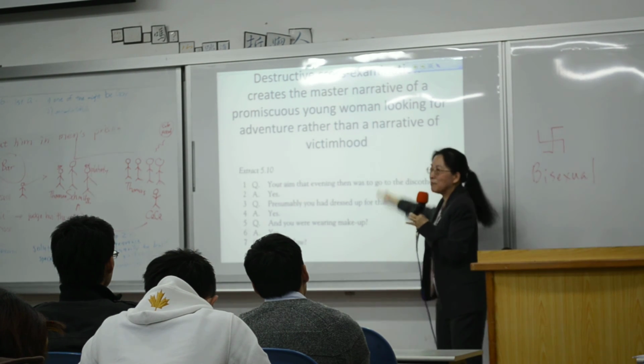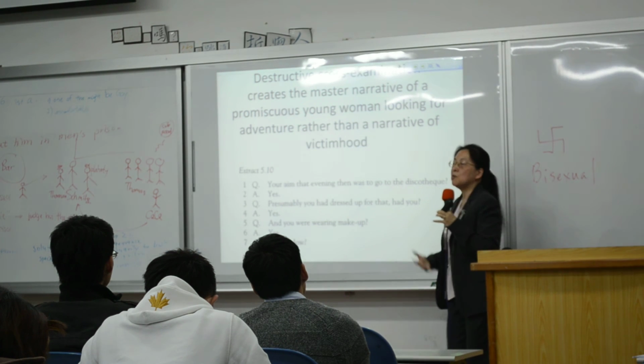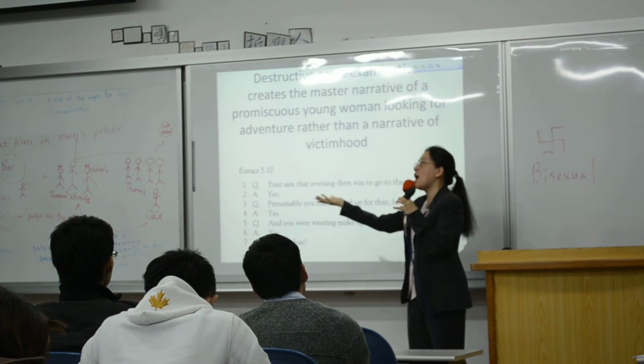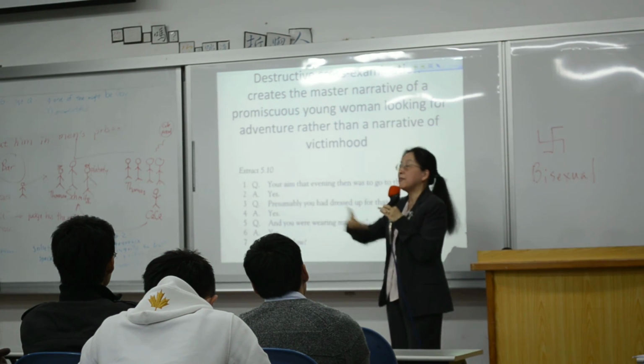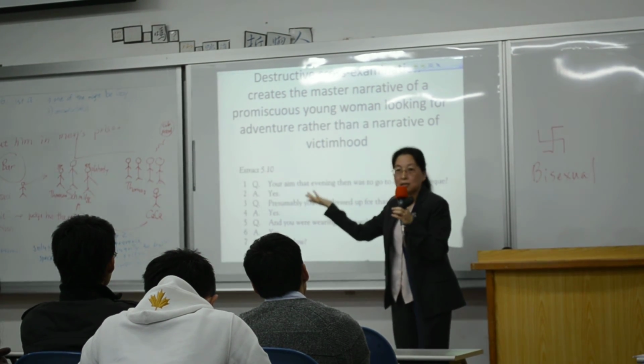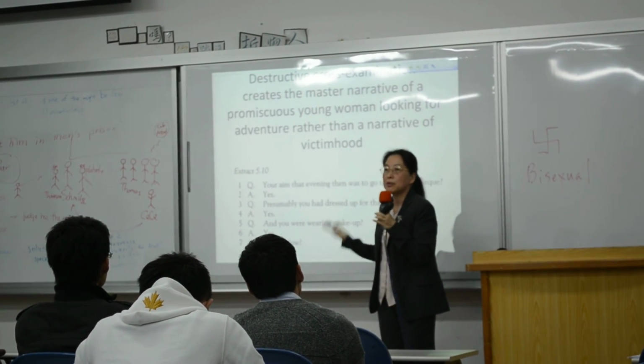So we can repaint a woman, a victim, as someone who just sought opportunities to hang out with men, to have sex with other men. So she actually was looking for it. She's promiscuous.